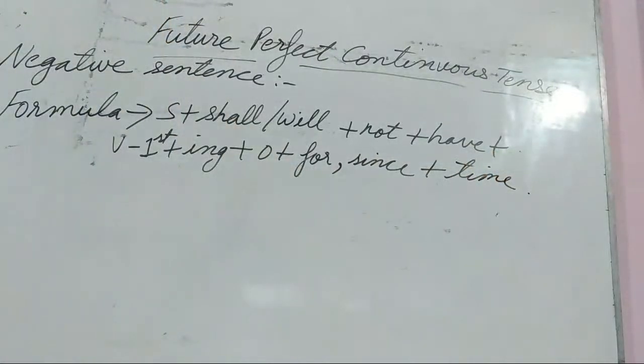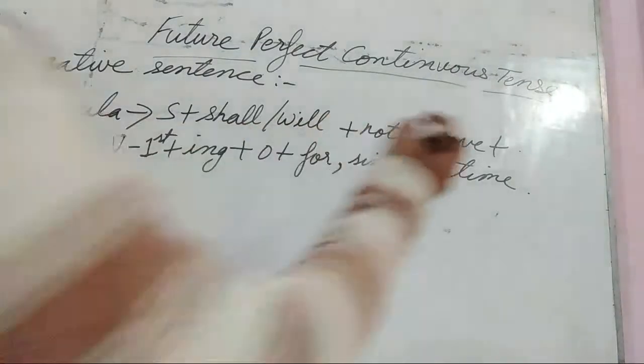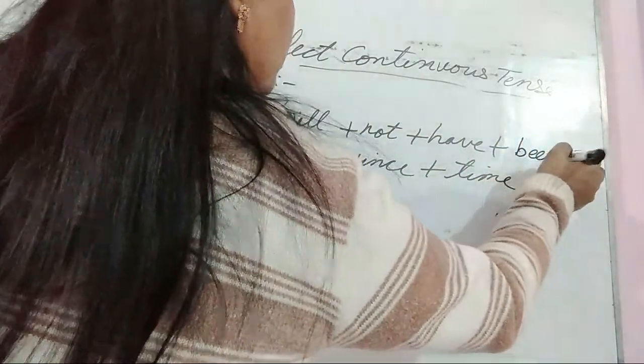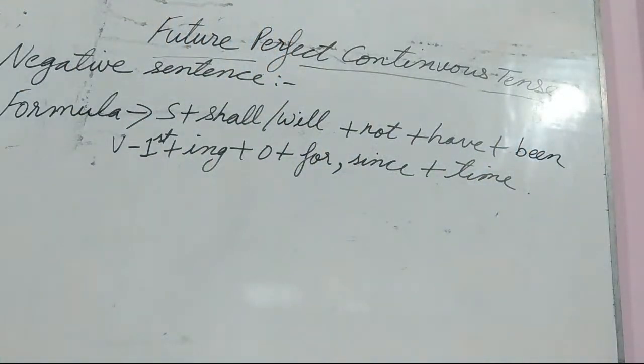The formula for negative sentence in future perfect continuous tense is subject plus shall or will plus not plus have plus been plus verb of first form plus ing plus object plus for or since plus time.